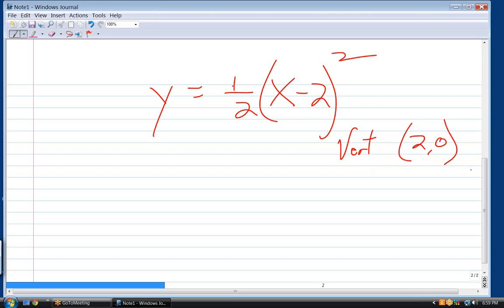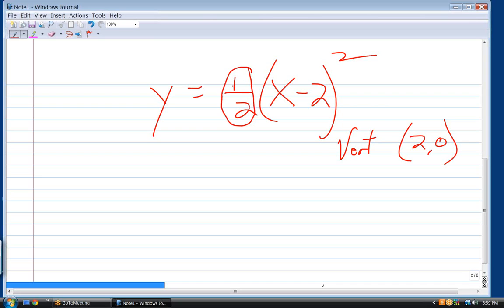Okay, and the focus is going to be... equate the coefficient to 4p. But what is the coefficient of y? 1. It's 1 now, but we need to get rid of that 1/2.